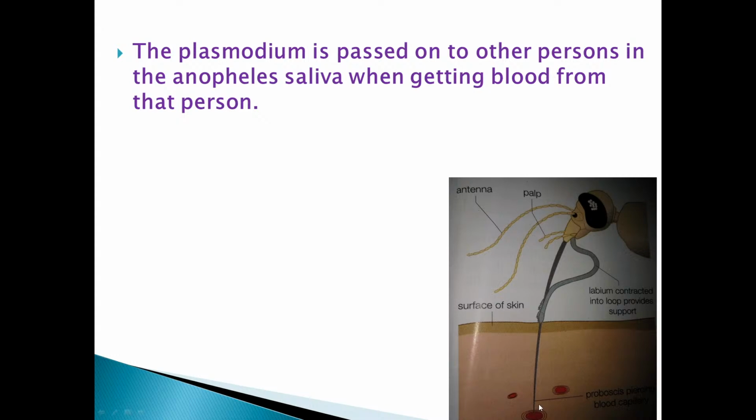So the plasmodium is passed on to the other person in the Anopheles saliva when getting blood from that person. So again, the mosquito that does the transmission, moving it from one person to another, is known as the Anopheles mosquito.